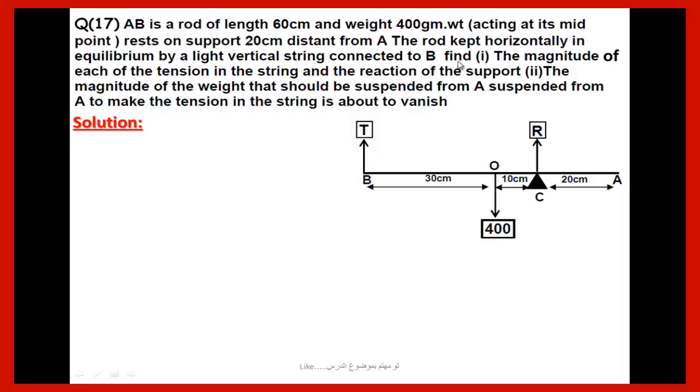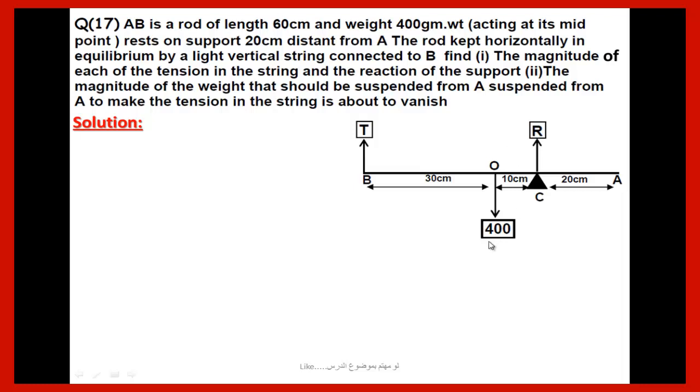Find the magnitude of the tension T in the string and the reaction of the support R. So the first required is to find the tension in the string and the reaction of the support R. We know that T plus R equals 400.